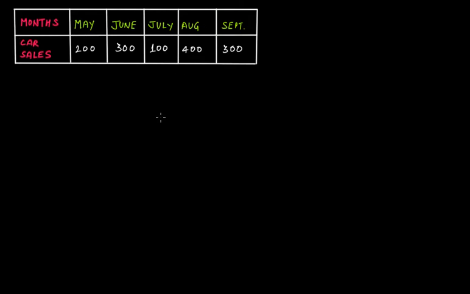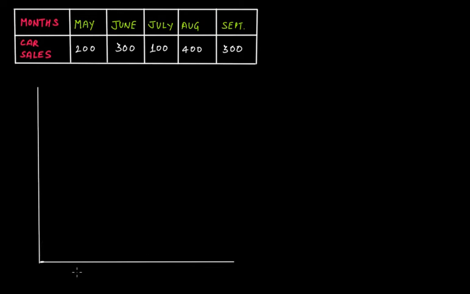So the first point is draw two perpendicular lines. So these are two perpendicular lines. And if we have to represent this data, on this line we have months.